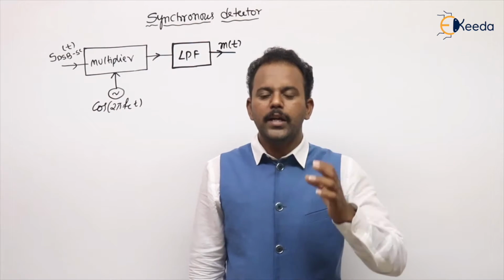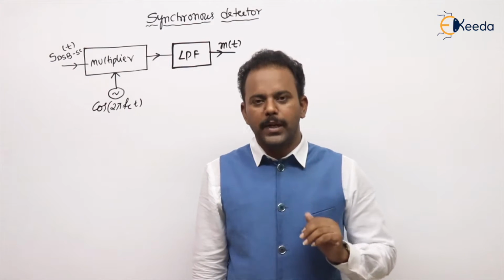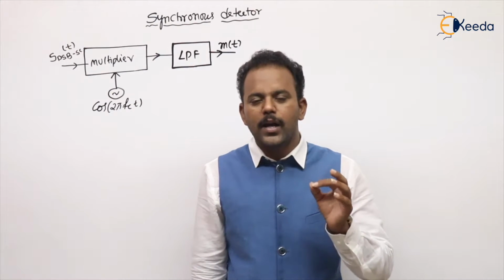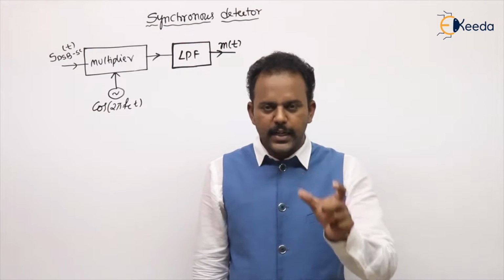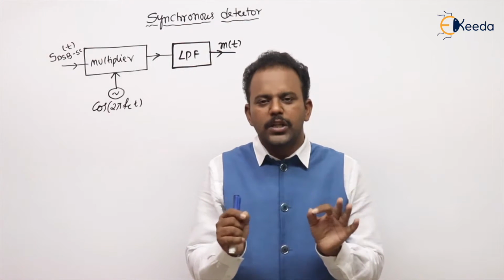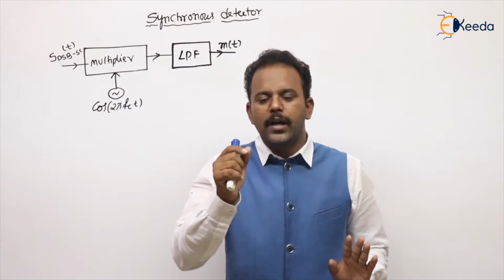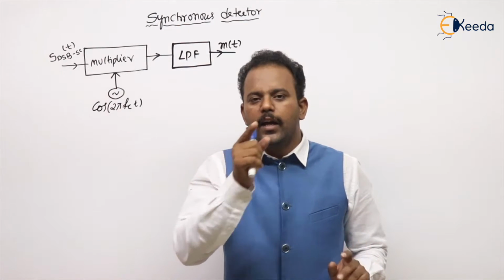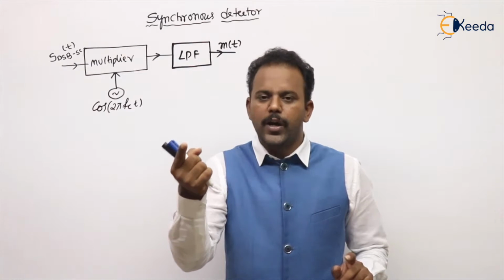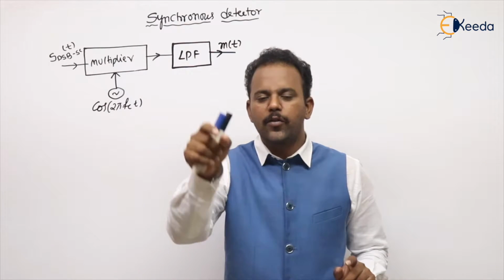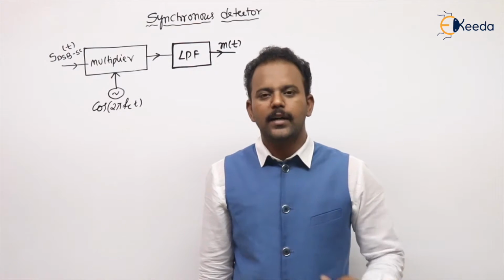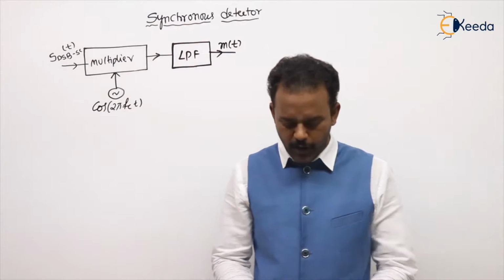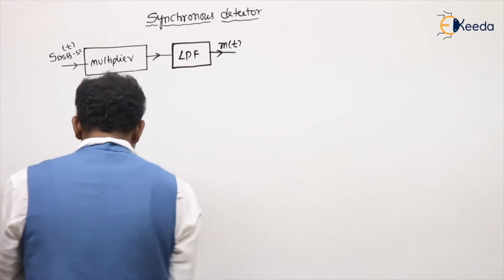There was one probability of error question from PSK where the local oscillator had a phase difference of 45 degrees, and he gave 4 options. The question is very simple. You only have to understand that for 45 degrees, the voltage decreases by cos 45, and the power decreases by cos square 45. You write that in the probability of error formula, then you will get the answer. Clear? Follow.